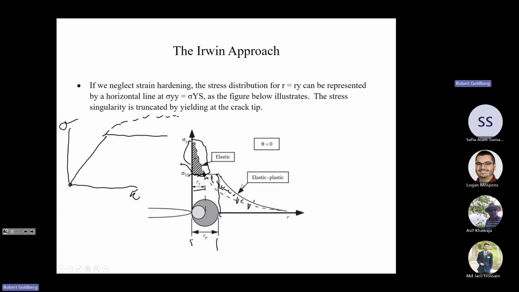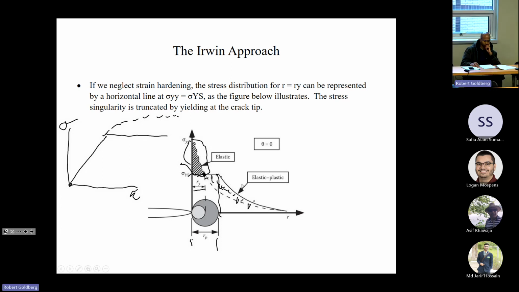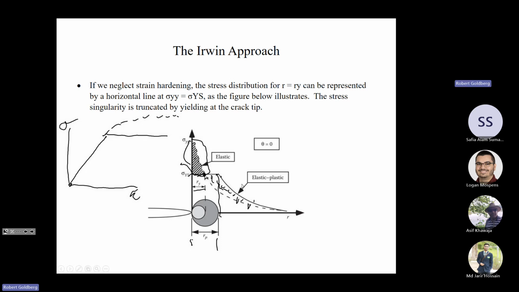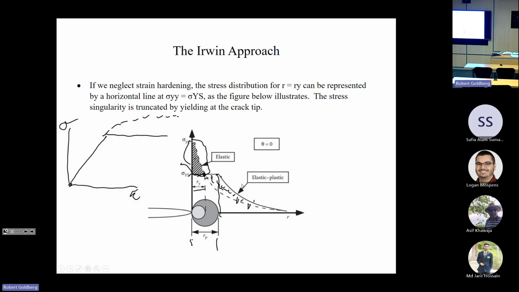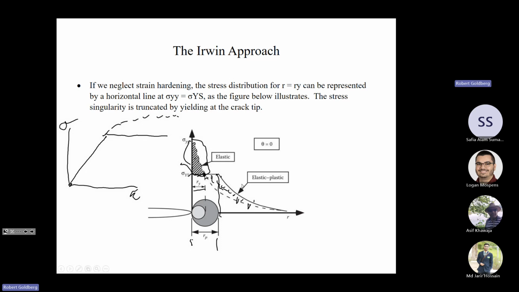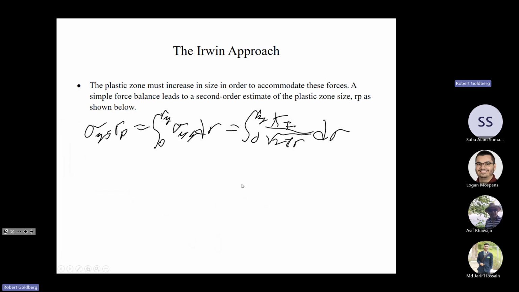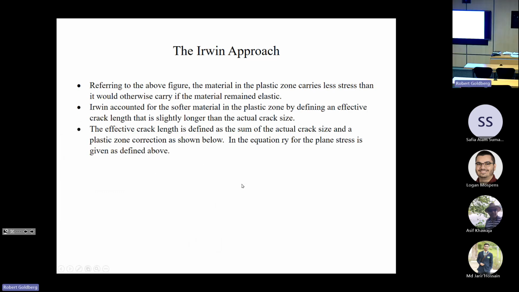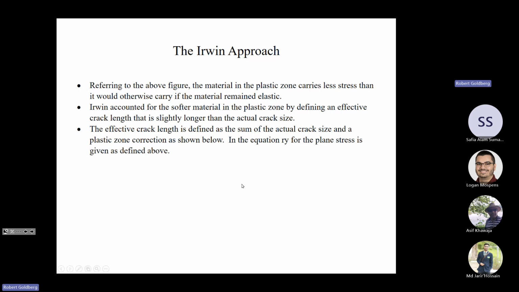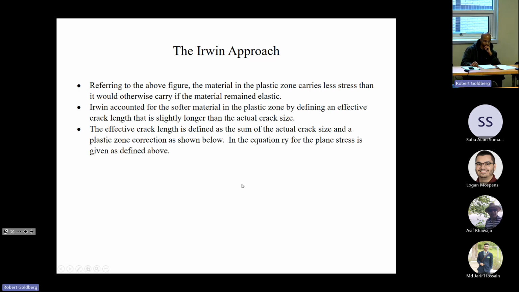So Irwin accounted for this softer material in the plastic zone by defining an effective crack length that's slightly longer than the actual crack size.